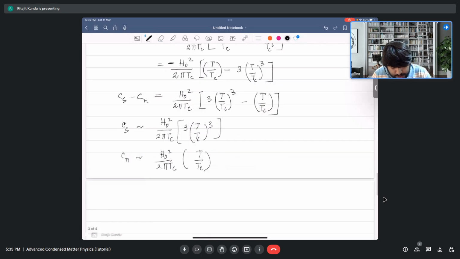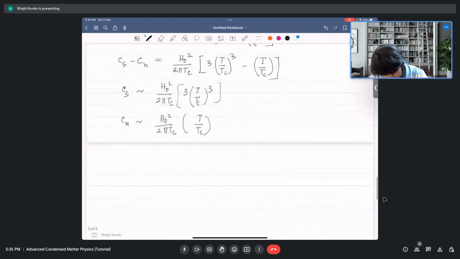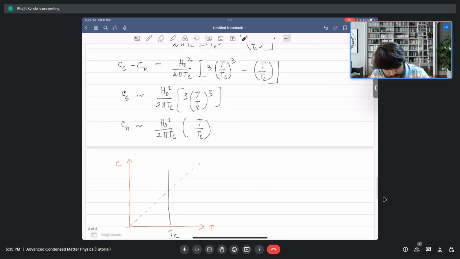So let me try to draw this in a plot. If we try to draw temperature versus the heat capacity, for a normal metallic phase, as I showed you before, it is just a straight line. Let's say this is our Tc. So we see that below Tc there is actually a T cube behavior in the heat capacity of the superconductor.